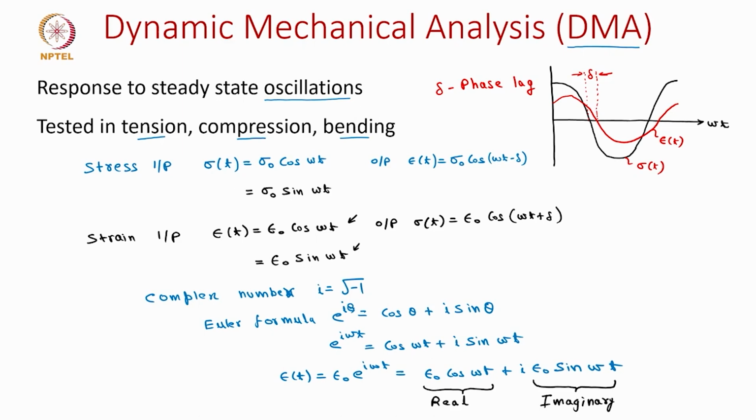If I am able to write it in this format, essentially I am taking care of both the inputs, both the cosine input as well as the sine input. What I will show in the next slide is how to solve this in a generalized way in terms of complex analysis, which means in one go we will be solving the problem for both inputs, the cos input as well as the sine input.